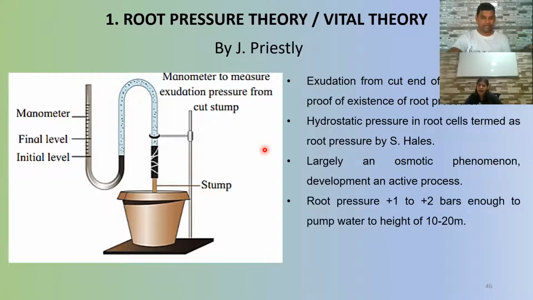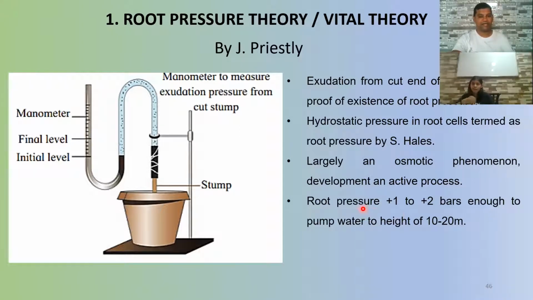Accordingly, it is seen that if a plant's height is approximately 10 to 20 meters, a root pressure of +1 to +2 bars is enough. That means to push water to the leaves of a plant 10 to 20 meters tall, root pressure should be around +1 to +2 bars.